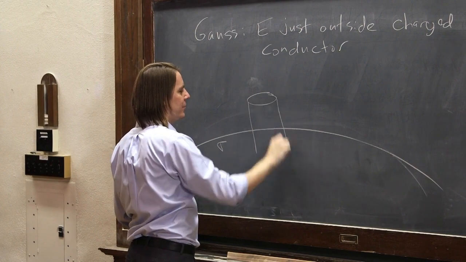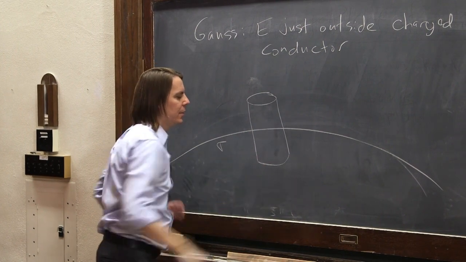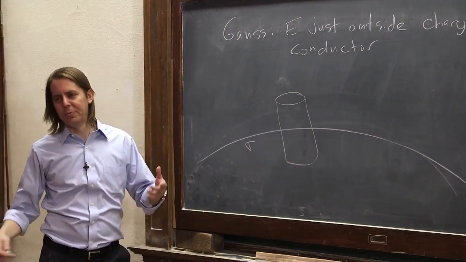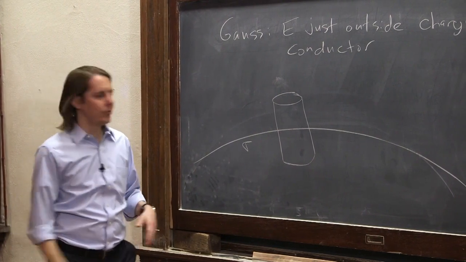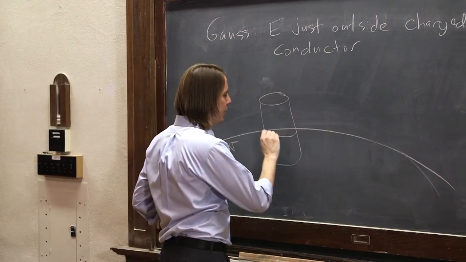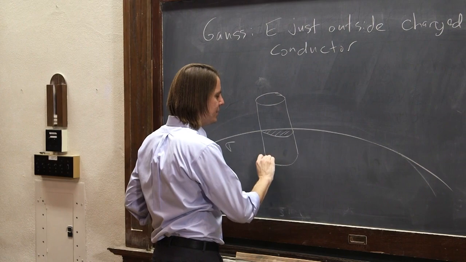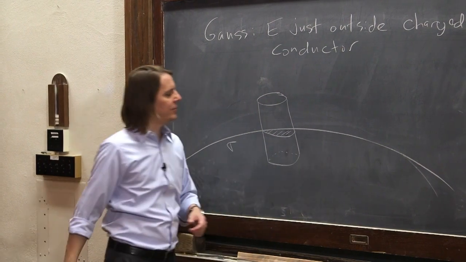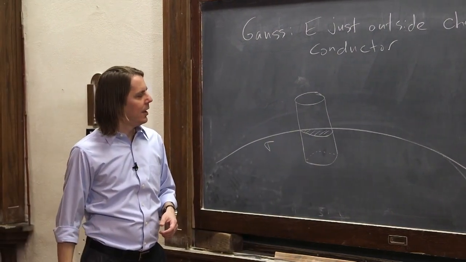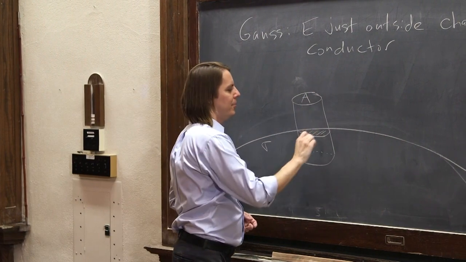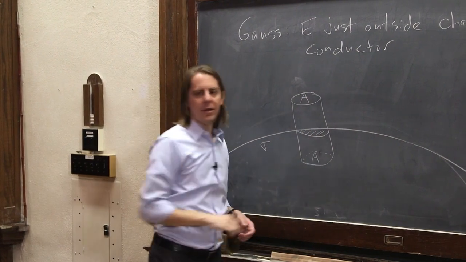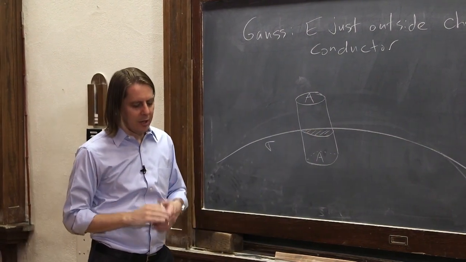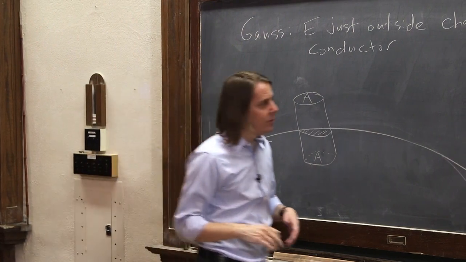So that's this Gaussian cylinder. Or we could do the pillbox, but the cylinder is easier to draw. Okay? So there is the area that's actually inside the cylinder. The cylinder has a top and a bottom area of A, and the area in the metal surface is A.